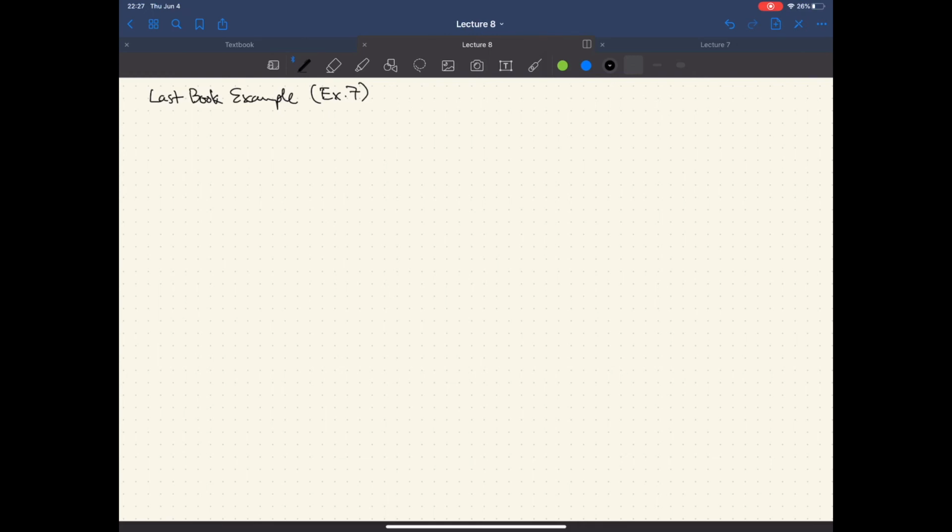I'm going to skip ahead to the last example in the book, just to give you one more piece before we go. And this is a higher order ODE. I'm going to write the form of this a little bit differently because I'm going to do an example later on today that uses the notation that's in the book. So don't worry if it doesn't match up exactly.